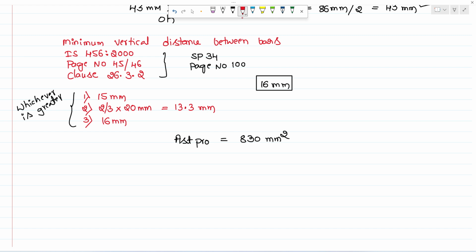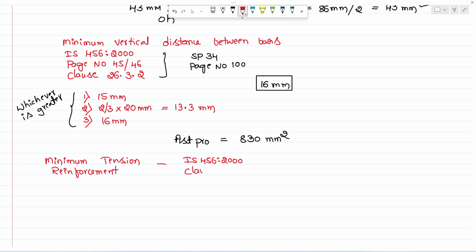So minimum tension reinforcement, so for which you need to refer IS 456:2000.